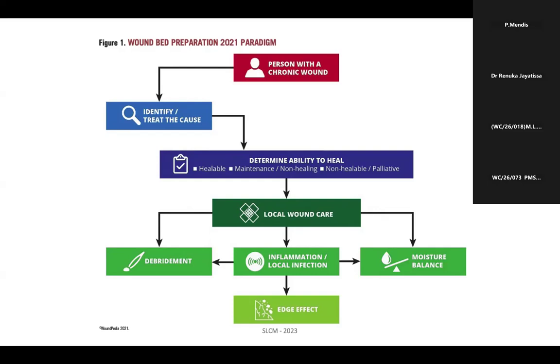If you think you're going to go on a pathway that requires you to heal this wound, then you come to wound bed preparation. Again, it's very simple to remember. Think of 4 things.